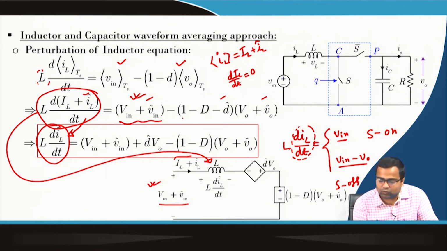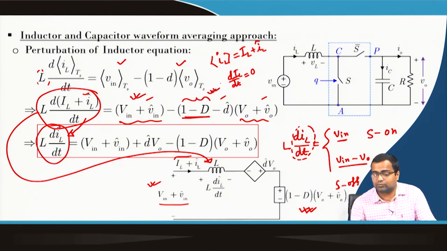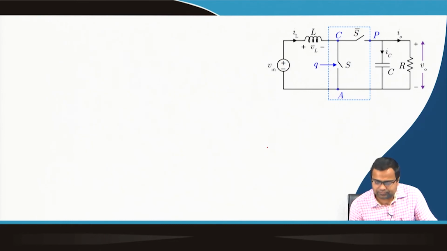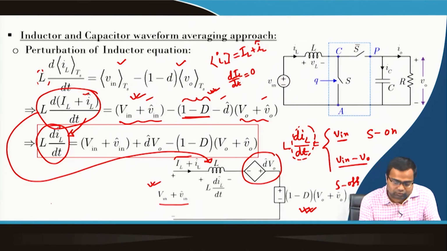One is 1 minus capital D into this term, and the other quantity is this, in which we have ignored the d hat and V0 hat product, since there was minus the plus d hat into V0 plus V0 hat.